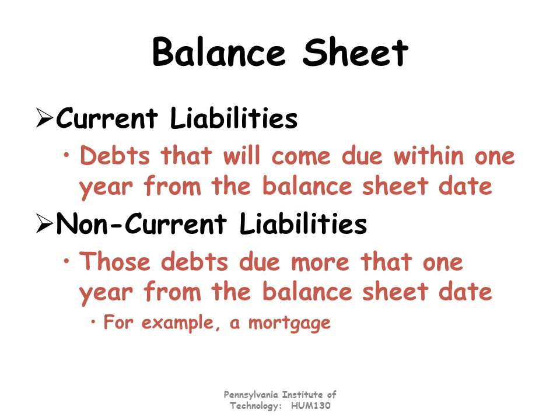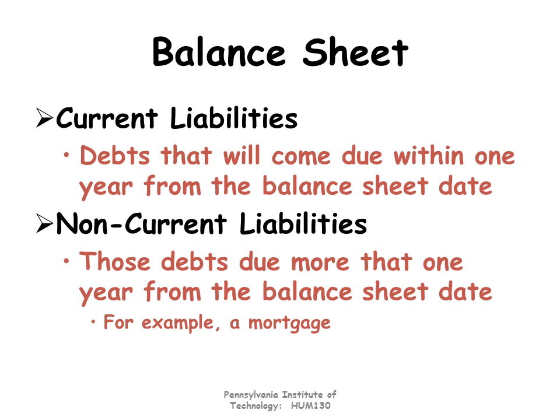In the same vein, we have current liabilities and non-current liabilities. A current liability is a debt that is going to come due within 1 year from the balance sheet date. For example, remember we bought that car and we got a note we have to pay. If that note is going to come due within the next 12 months, that note payable, that IOU we are paying to the car company, gets moved into current liabilities.